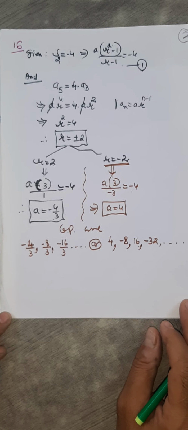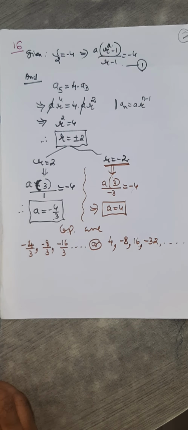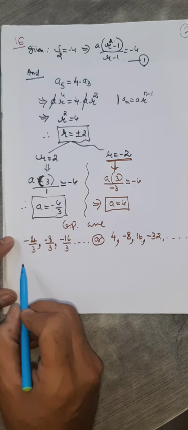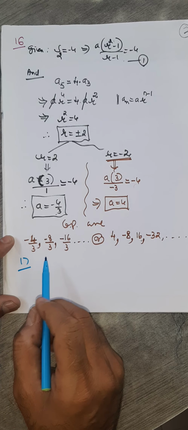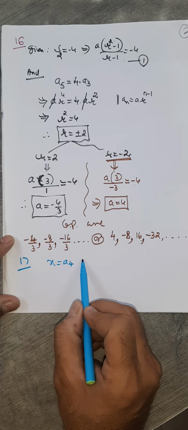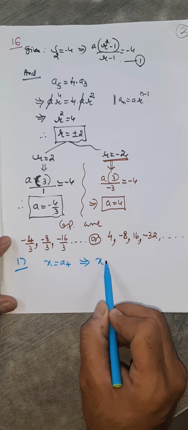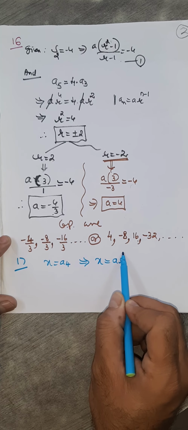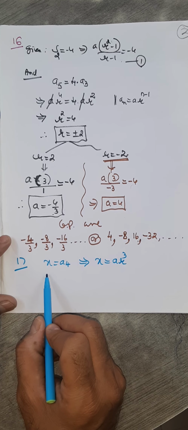What about the next question? There, what is asked? The 4th, 10th and 16th terms of a geometric progression are x, y and z, then prove that these are in GP. Question number 17. x is A4, so x equals a into r cube for a geometric progression.